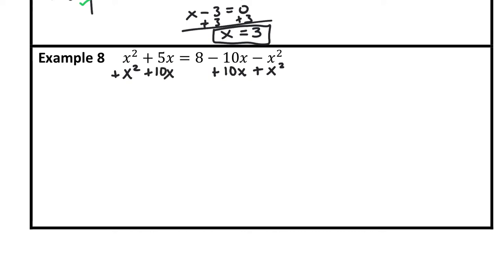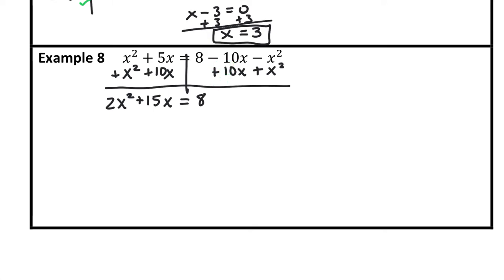So I'm kind of doing 2 processes at the same time. So that's going to give me x squared plus x squared is 2x squared. 5 plus 10 is 15x. Bring down the equals. Bring down the 8.